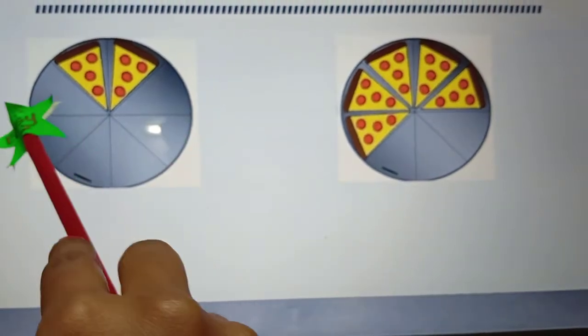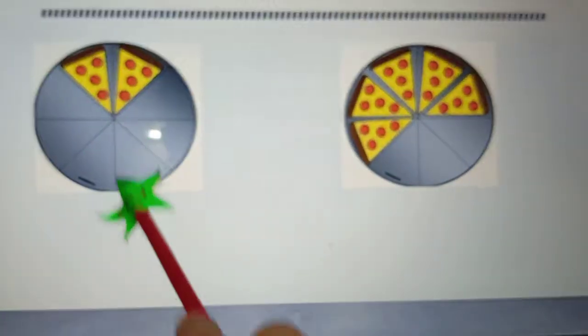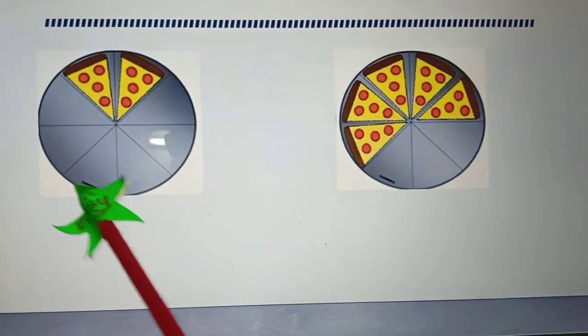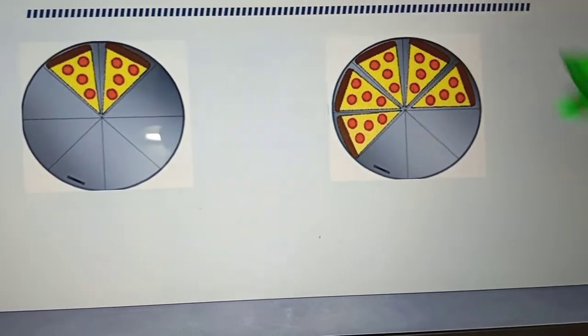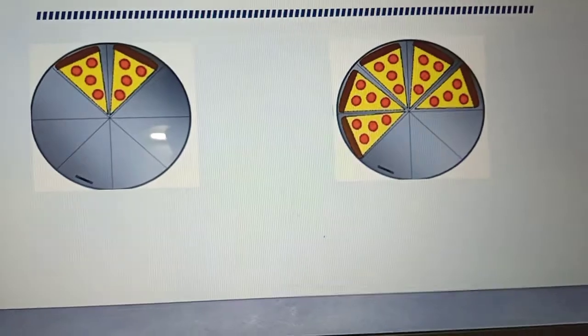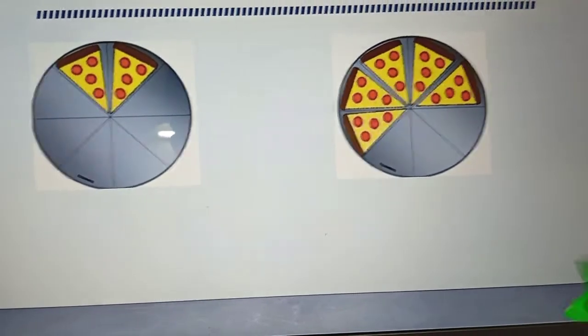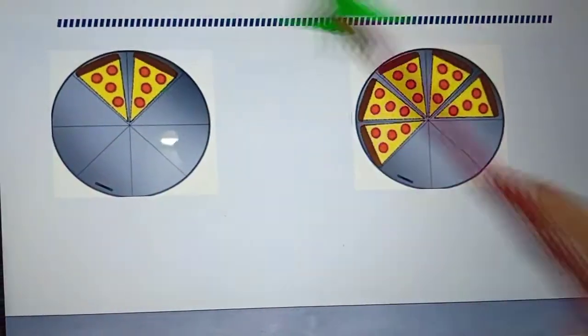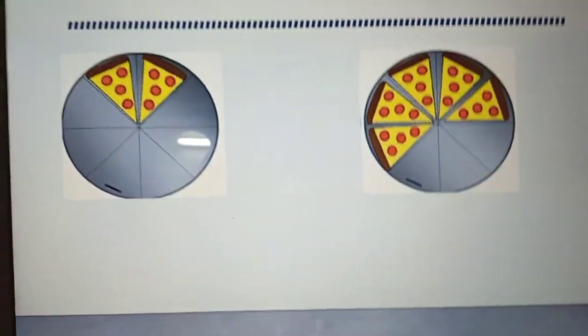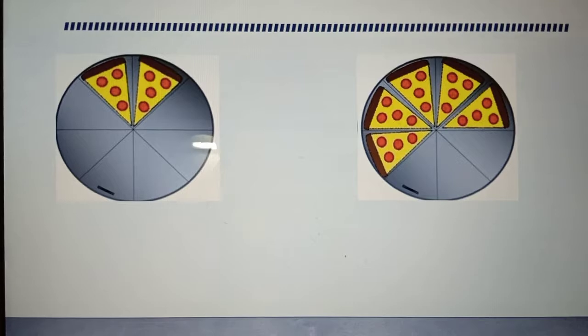This pizza, Amma cut into how many pieces? 8 pieces. Same goes here, same size pizza, Amma cut 8 pieces. How many are left? 2. We write the fraction for the left parts.